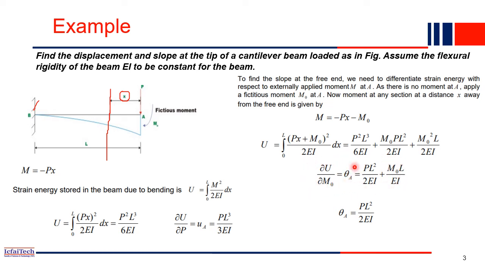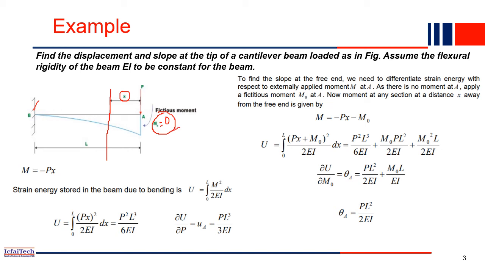That is nothing but theta A. Whatever we get by taking the derivative with respect to M naught is our theta A. But M naught is a fictitious moment. In reality there is no M naught; M naught is nothing but zero. We just applied it imaginarily.